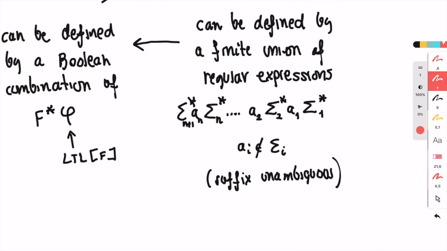So for example, you can say it ends with some B's, and then there's an A. This A is in a unique place, namely the last A. And then maybe there's some A's and B's. And then there's a C. And now there's some B's again. And now there's a C. And now there's some maybe (A, B) star. This is an example of a suffix unambiguous expression. Okay.